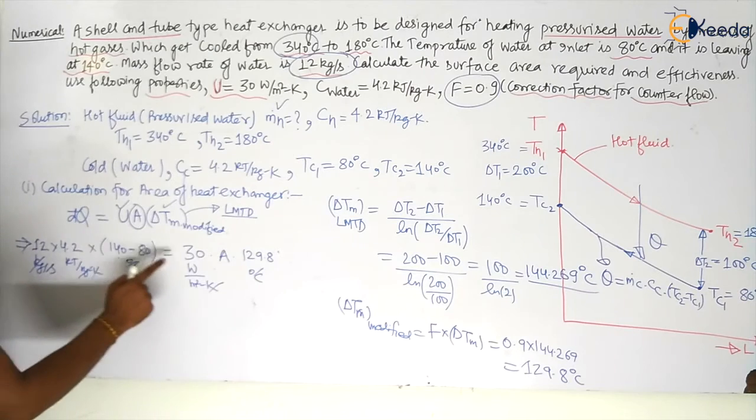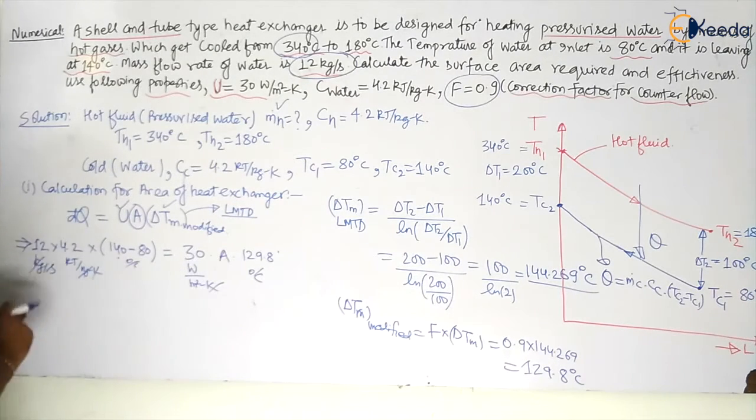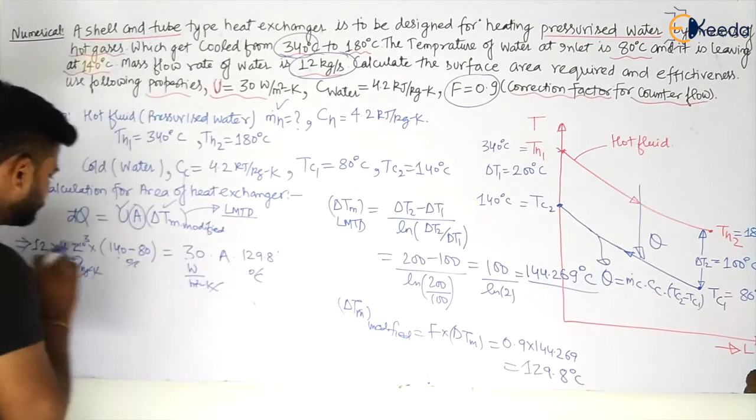Kilojoule, my dear students, what? Kilojoule, watt. You have to take it in watt only. That will be joule per second, my dear students. So you have to multiply by 10 to the power 3. That is the procedure, else you will make the mistake, I know.